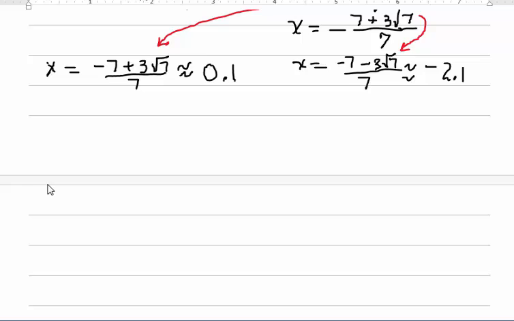When the quadratic function is given in the form f of x equals ax squared plus bx plus c, c is always the y-intercept.